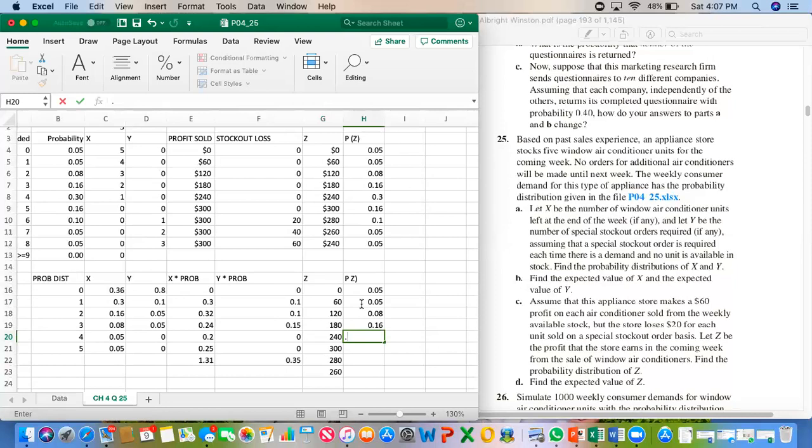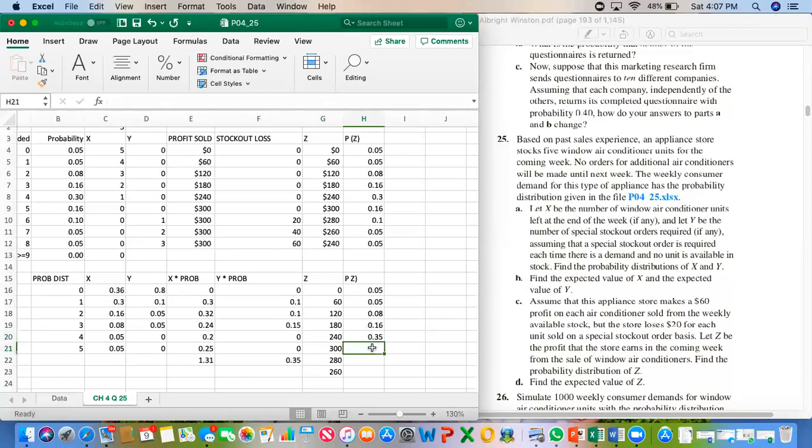Okay, but the answer is... Hold on, what's 0.3? Make that 0.30 and now add 0.05, and what do you get? 0.35. There you go.